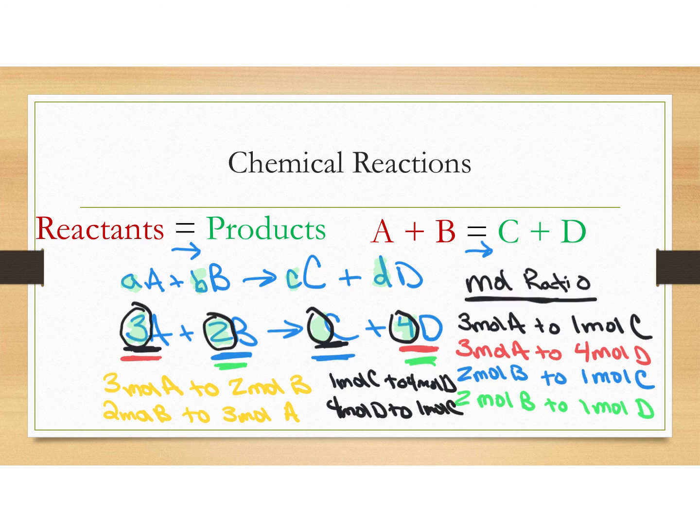So this is the big concept in this particular chapter. We are looking at the coefficients out in front and how we relate them to one another. So the topic of discussion for today, we are going to be talking a lot about this mole ratio.